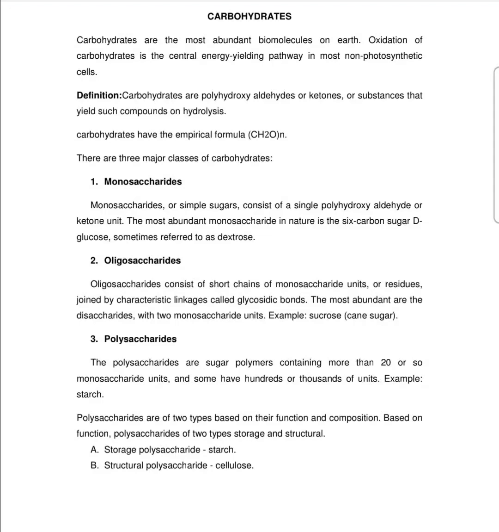Polysaccharides: poly means many, so they contain n number of monosaccharide units. Polysaccharides are sugar polymers containing more than 20 or so monosaccharide units, and some have hundreds or thousands of units.